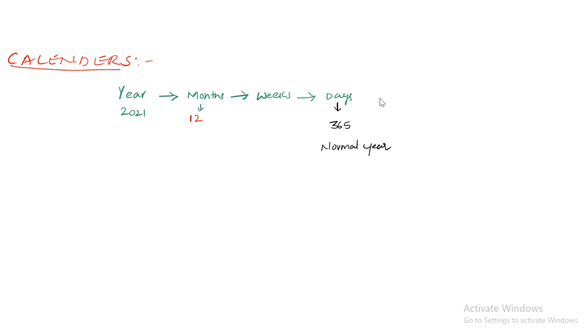Suppose it is a leap year, it will consist of 366 days, so we call it a leap year. Now, how many weeks? For a week we have 7 days, and for a year we have 365 or 366 days.